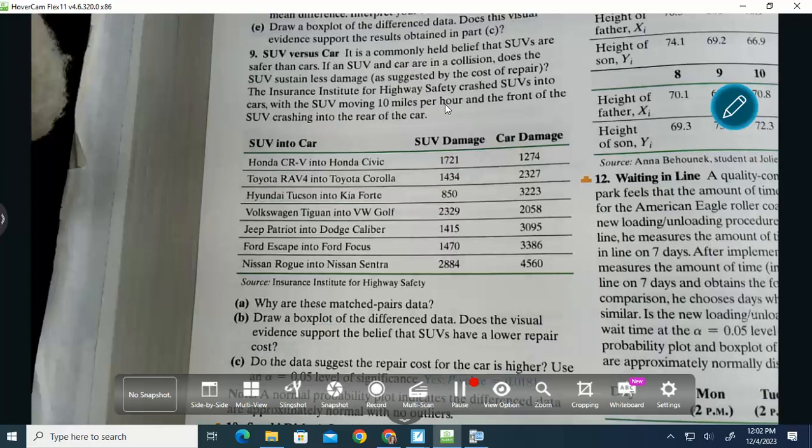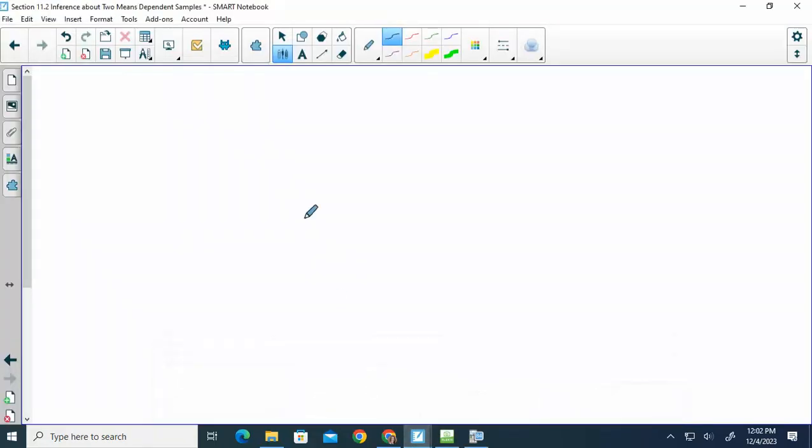And we need to write down a null and an alternative, but I'll wait until you get your data before I do that. So we are trying to decide, I'm going to do part C. Does the data suggest the repair cost for the car is higher? So my null would be the mean difference is 0.